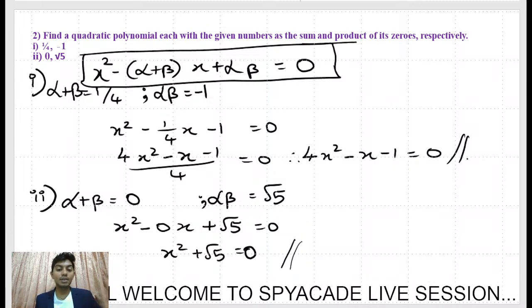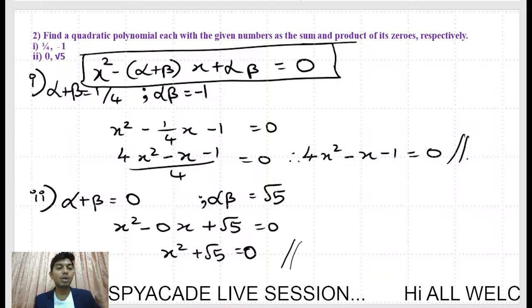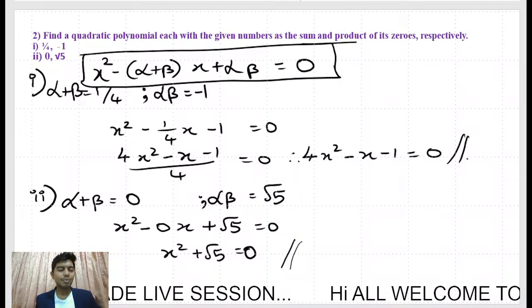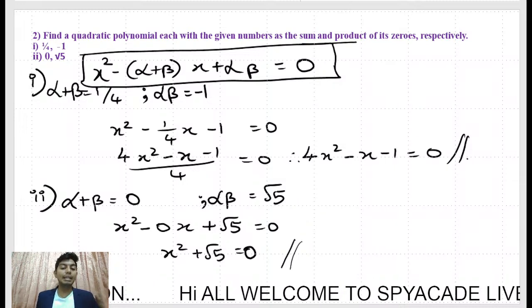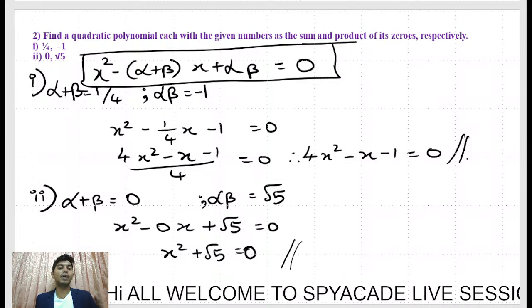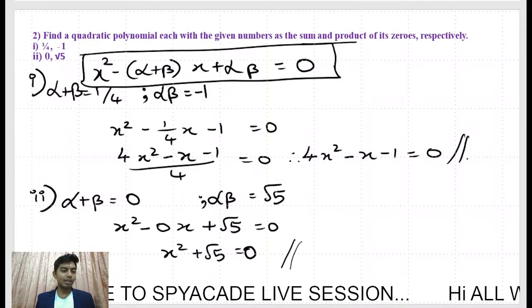So here x square minus 0x plus root 5 is equal to 0, and at last you got x square plus root 5. So just put a small box or write a conclusion: Therefore, the quadratic polynomial is x square plus root 5 is equal to 0. Hope it is clear for everyone, right?